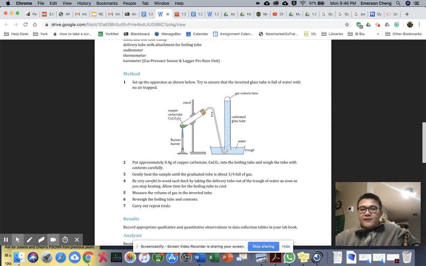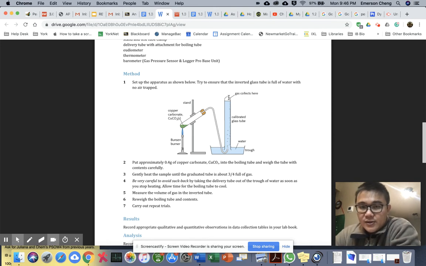The length of this gas collecting tube would be an issue, because you have to generate enough gas to push it in. If you have a lot of tubing, you might not generate quite enough gas to push all the gas down here.